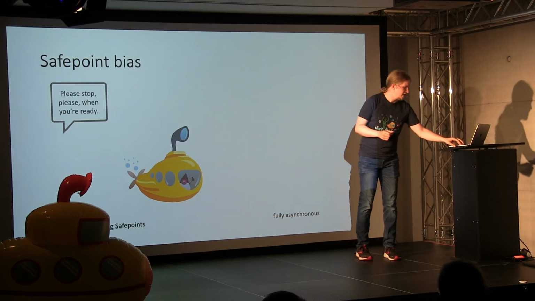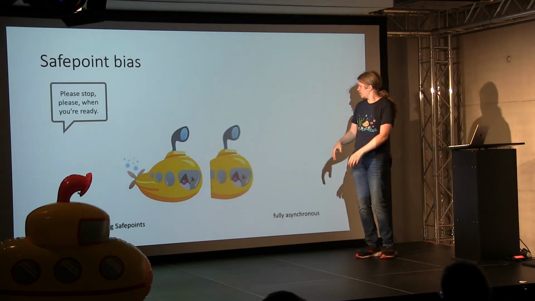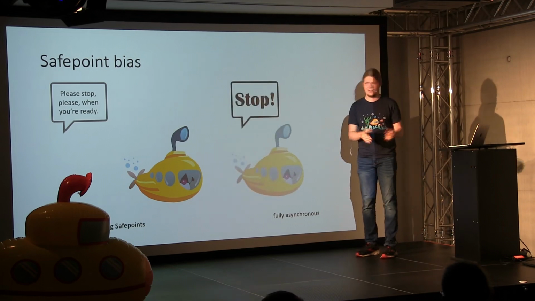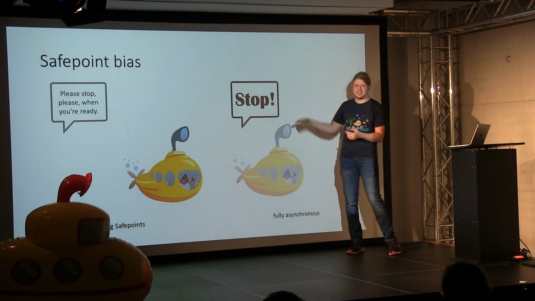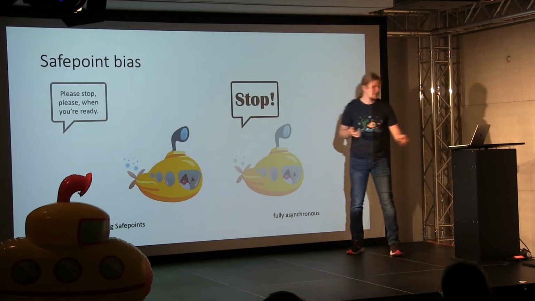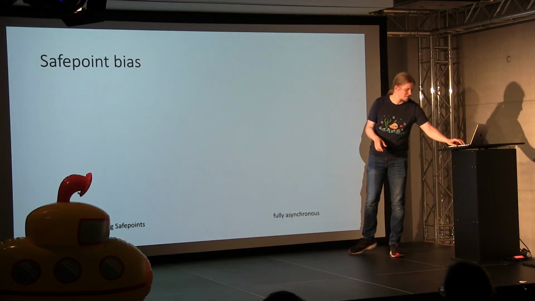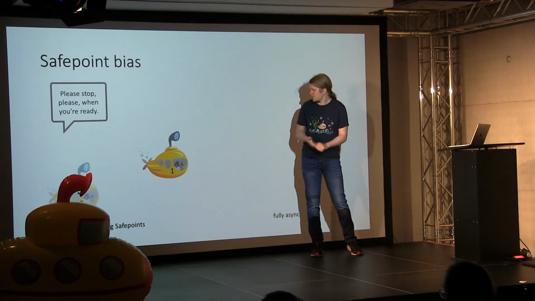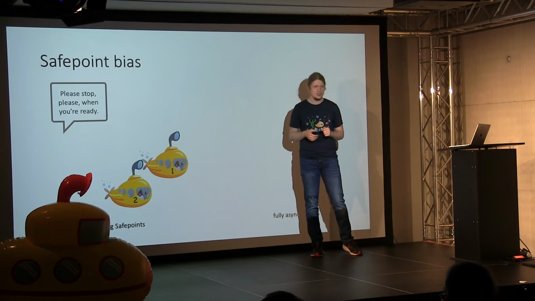And then you have the asynchronous way, and here comes the JVM. And then you say stop, and it stops immediately. So it's probably in a state that isn't at a safepoint. So it's kind of undefined, but it's cool because it's not distorted. And then it's even more interesting with multiple threads. So we have again the submarines coming in, and you say, please stop when you're ready. The first is at a safepoint, and then you wait till the second is at a point to get your stack trace.